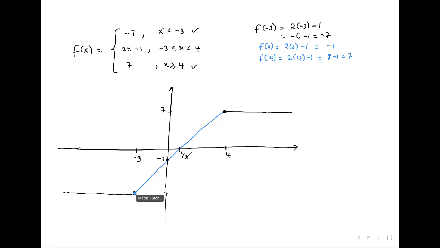We just equate the same piece to 0 and we get x is half. Like that. So this is the sketch.